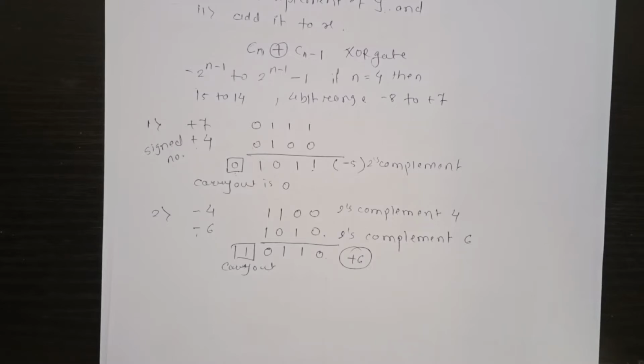And the simple way to detect overflow is to examine the signs of the two summands, that is x and y, and the sign of the result. When both the operands x and y have the same sign, an overflow occurs when the sign of the sum is not the same as the sign of x and y. Simply, the sign of input carry and output carry must be different, and the sign of the two operands must be the same. These two conditions we have to follow.